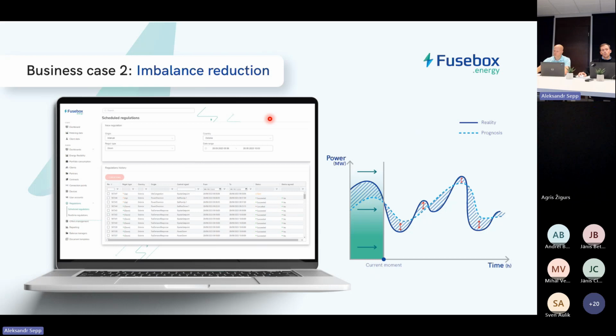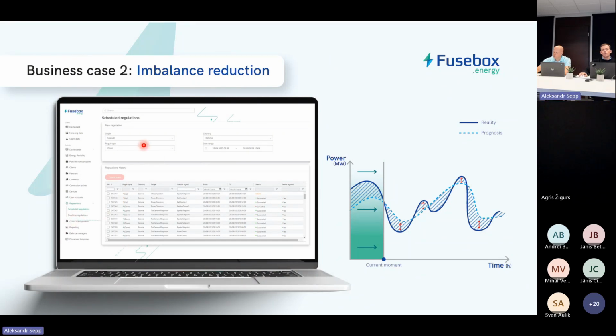In addition to a really fine-tuned automated system of placing bids, we also have a manual activation engine of different assets. As you can see here, it's regulation, scheduled, and real-time regulation.